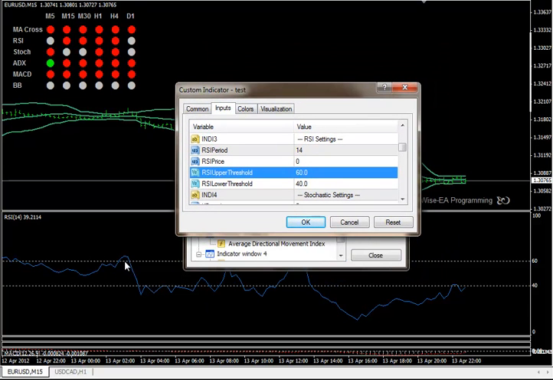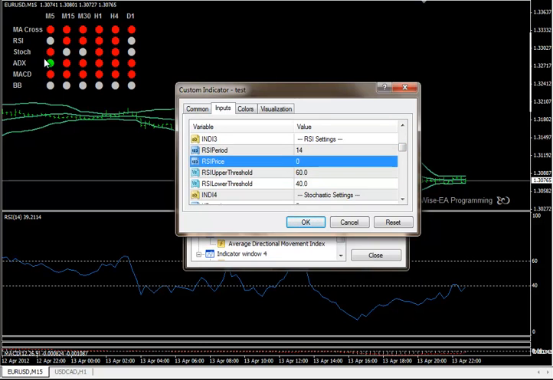If RSI is above 60, then it shows green, means uptrend. If it's below 40, it's downtrend. If it's in between, then it's no trend. Okay? Then the indicator will take a look at all time frames you have specified. Once again, if you set this to 0, then we're not going to display this row.